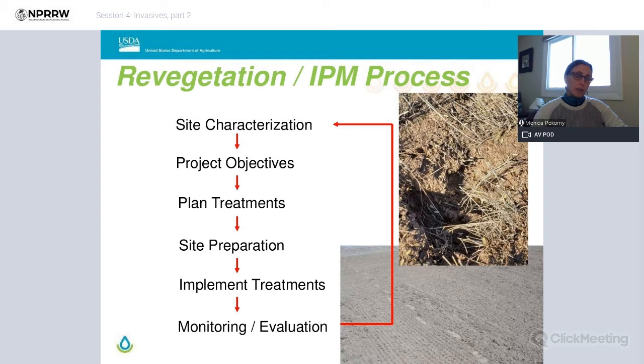And then you're going to implement the treatments, followed up by monitoring and evaluation so that you can do any adaptive management that you need to. We teach whole, multiple day courses on this, so there's a lot to think about, but I just wanted to point out a couple examples on the slide.